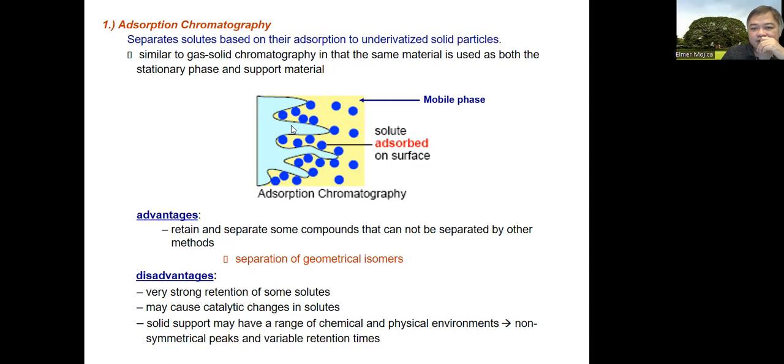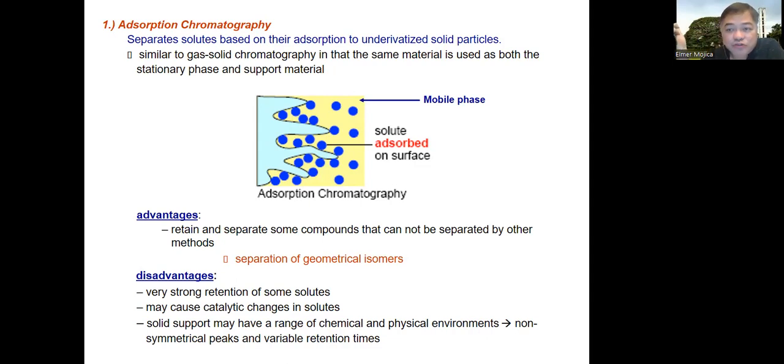So here, the blue thing is going to be adsorbed on the surface. The advantage of this is to retain and separate some compounds that cannot be separated by other methods, especially in organic chemistry, where you encounter the so-called isomers.